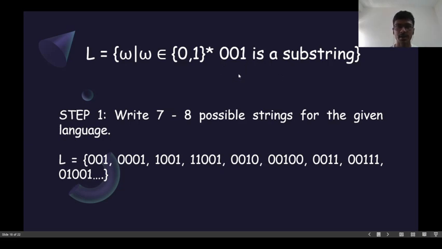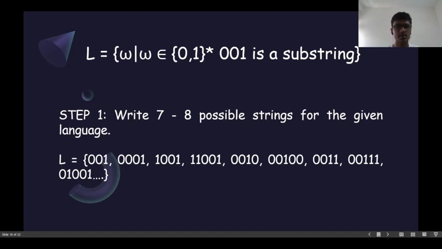So it deviates from the condition. We need to be careful and make sure that 0 and 1 can be added either before it or after it. In that manner, we have derived here 0001, 1001, 1001 1, 0010, 10 and so on. Similarly, we can create 7 to 8 possible strings from this.